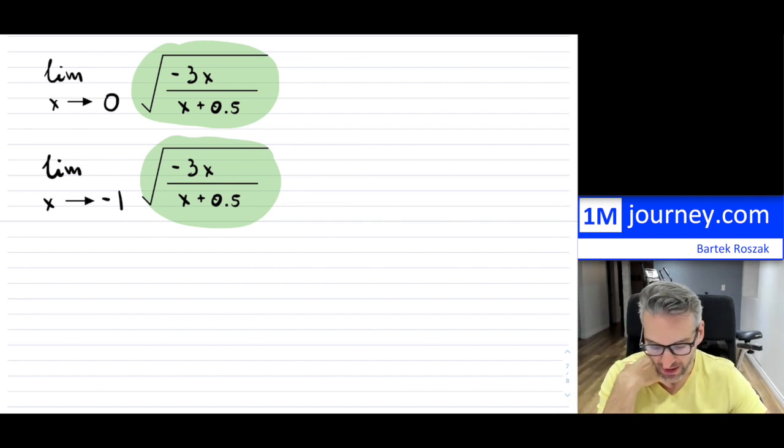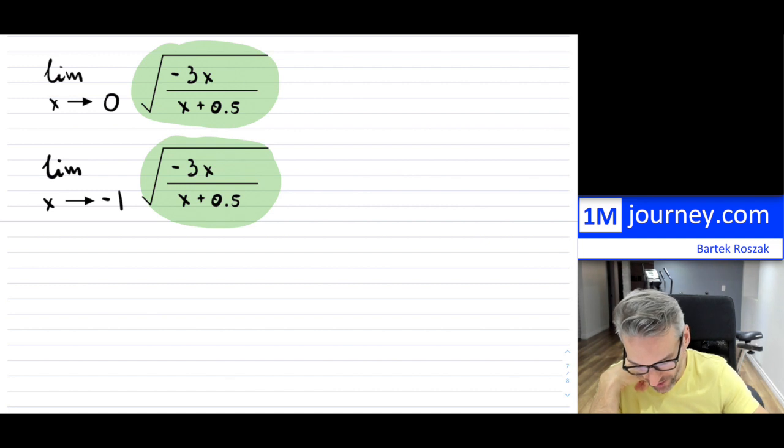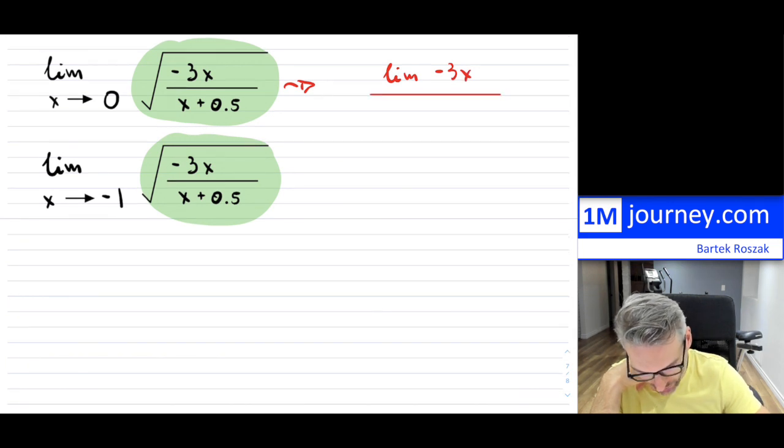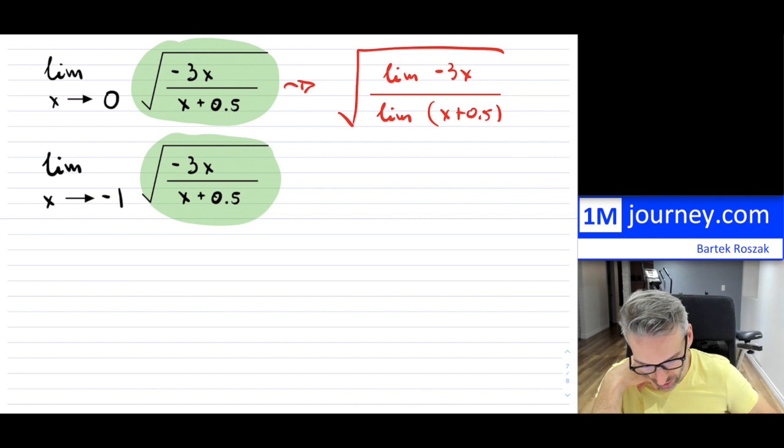Now, if I just blindly applied the limit properties without checking where they are defined or not, this is what I would find. So I would say, okay, I can apply the properties, so I can bring in the limit. So I would say limit of negative 3x, and then this would be all over the limit of x plus 0.5, and then I could put the radical over.